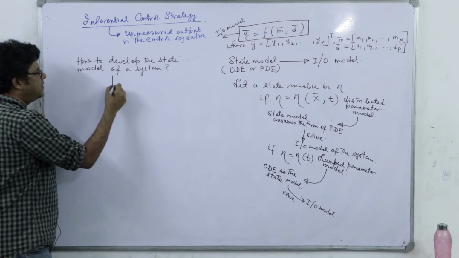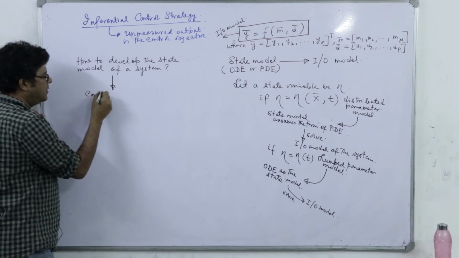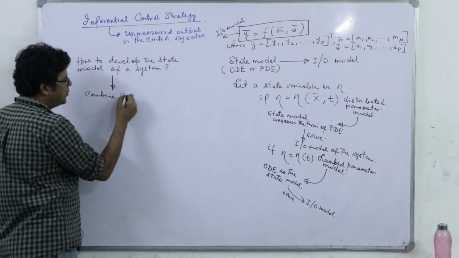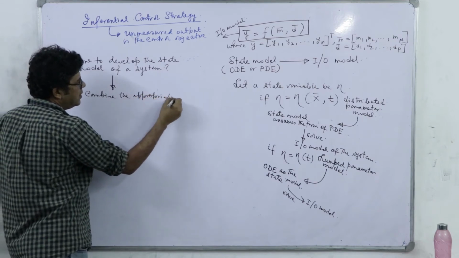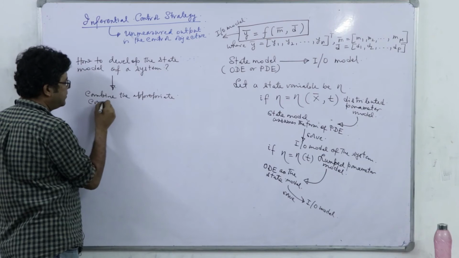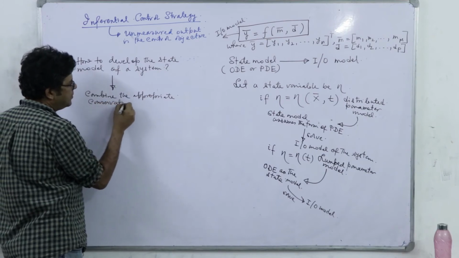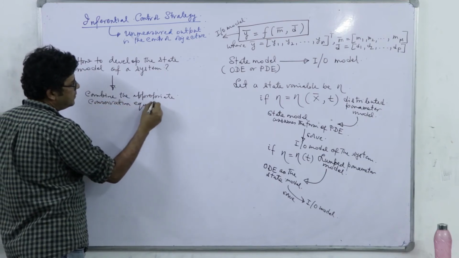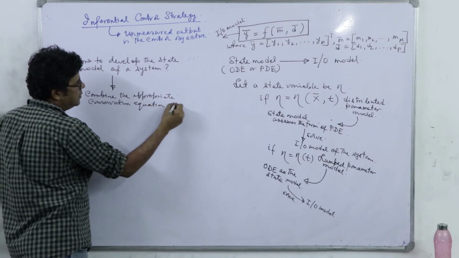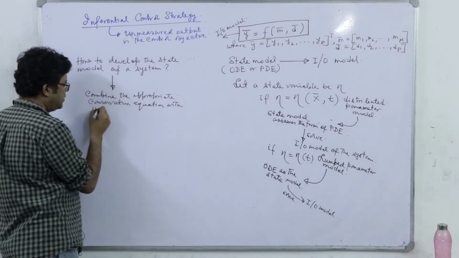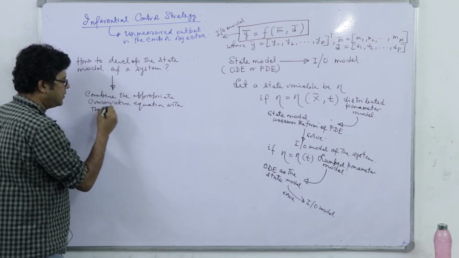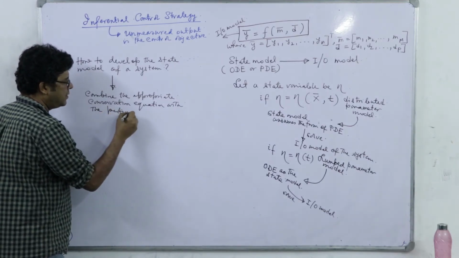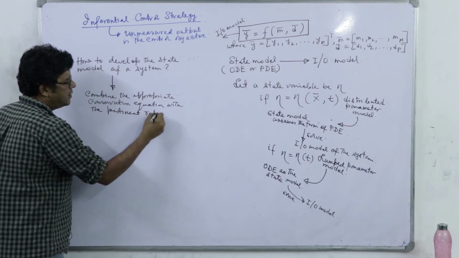So, obviously the answer is combine the appropriate conservation equation with the rate laws, with the applicable or the pertinent rate laws.